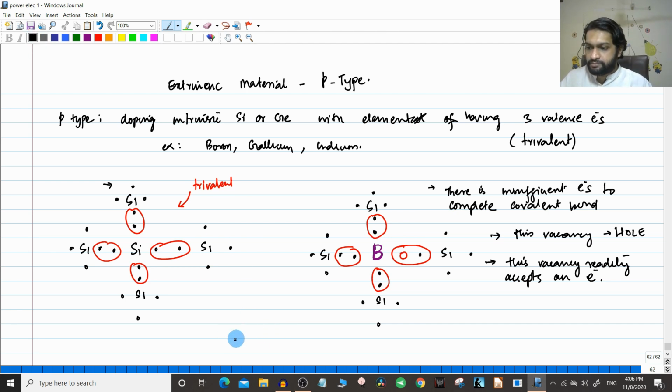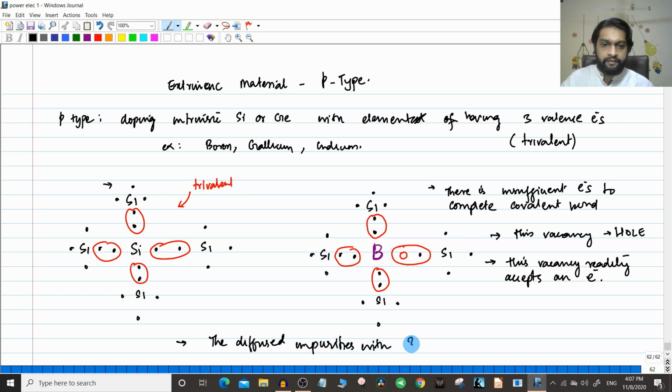So the diffused impurities with 3 valence electrons are called acceptor atoms. This is also a very important term.